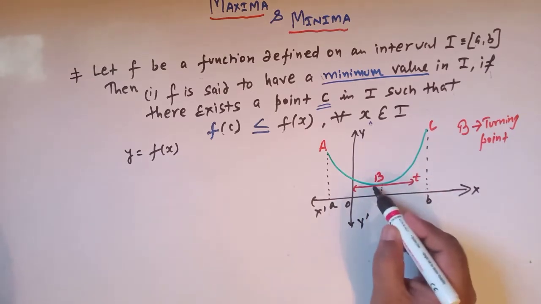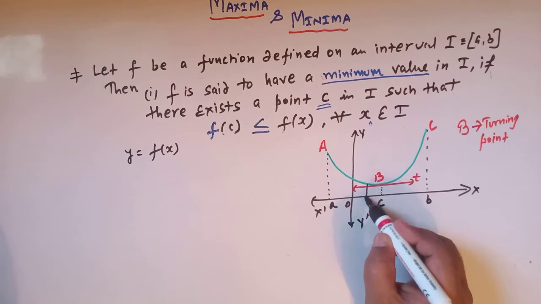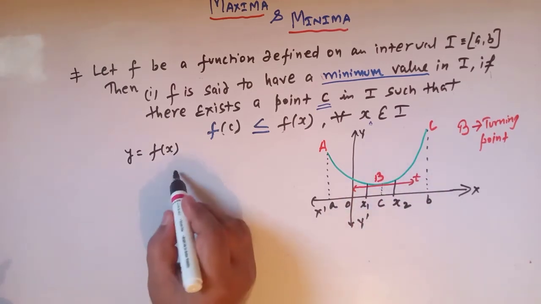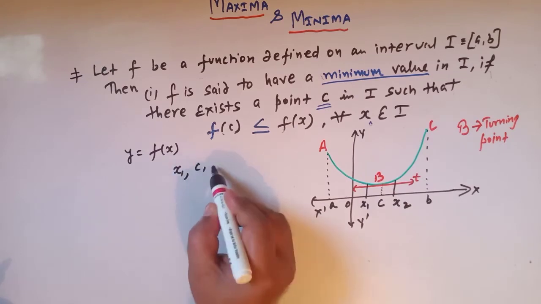So let us take here two points, say x1 and x2. So here are x1, C, x2.